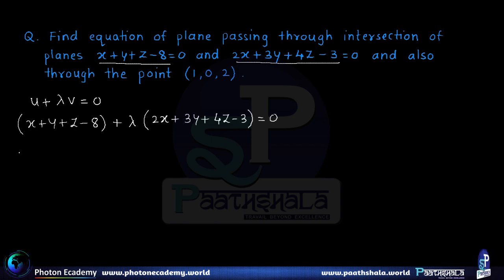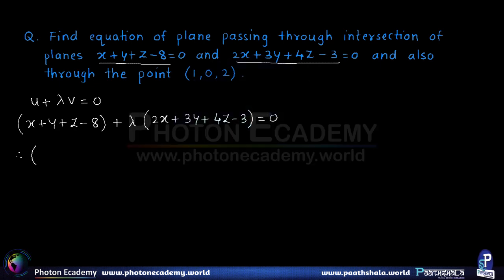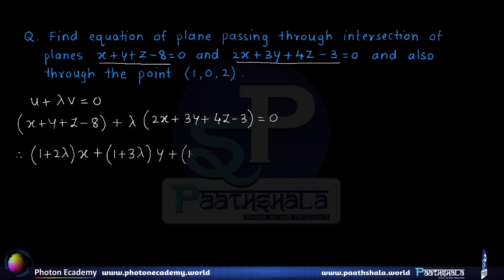So on simplifying and collecting the like terms, the coefficient of x would be 1 and 2 lambda, correct? So therefore we have 1 plus 2 lambda times x plus 1 plus 3 lambda times y plus 1 plus 4 lambda times z.